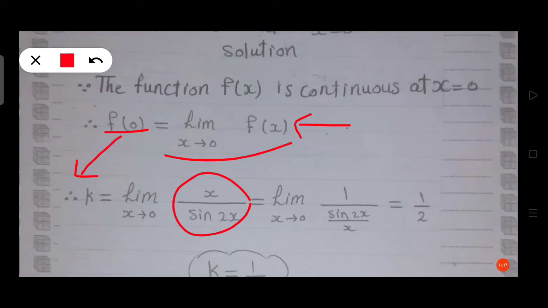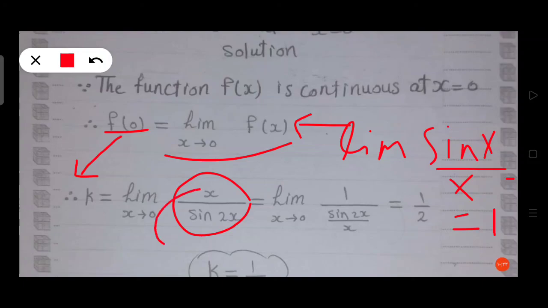To use the rule that the limit of sine x over x equals 1, we now put this x in the denominator of sine 2x.